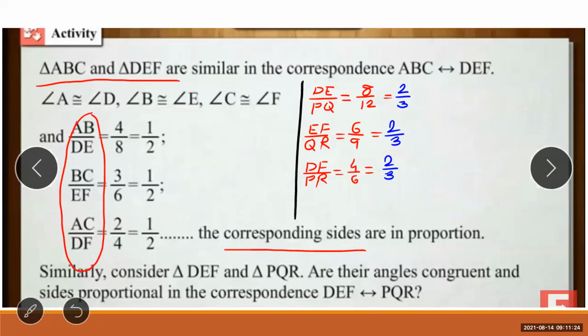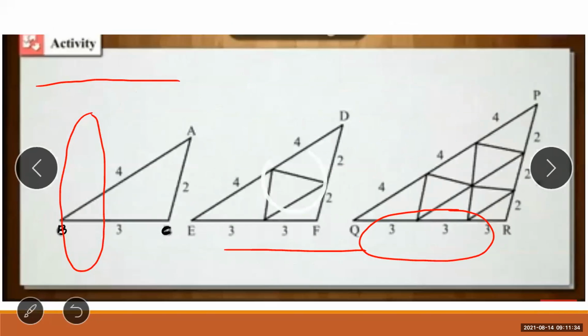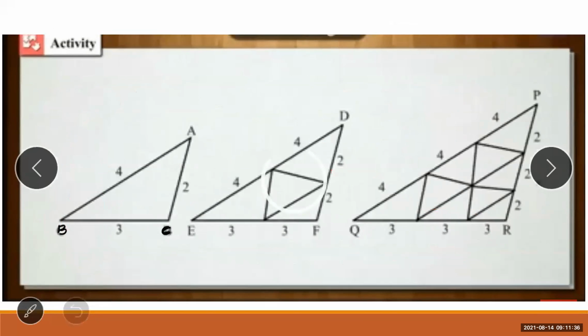Okay. Now what is meant by those being in proportion? Those are in proportion means, see here in the figure. Now the measurement we have to put for each.